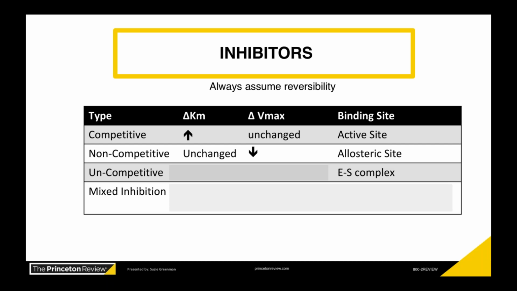Because remember, an enzyme is supposed to bind to a substrate, do its thing, allow that substrate to become the product, and then let that substrate go, and then react with another substrate. So if I'm stapling it to one substrate, then I'm essentially taking that enzyme out of reaction. So for my Vmax, what's going to happen? Yeah, my Vmax is going to go down.